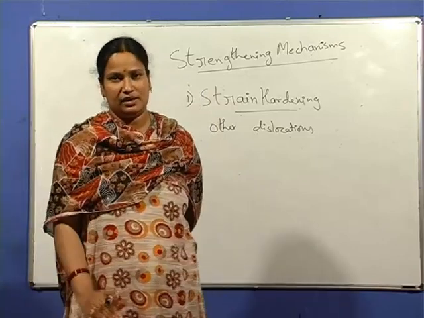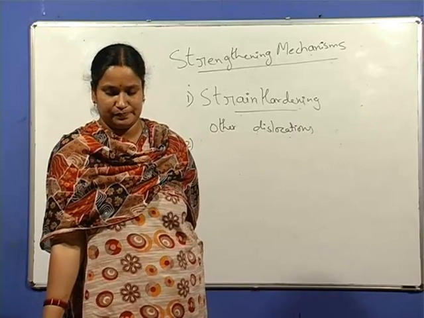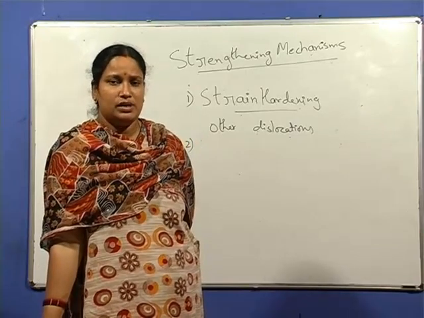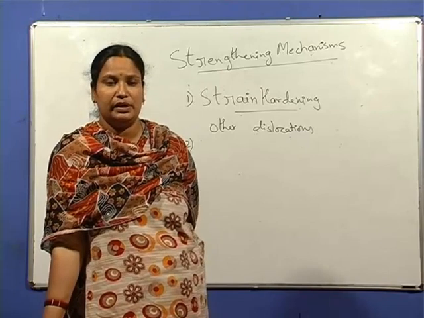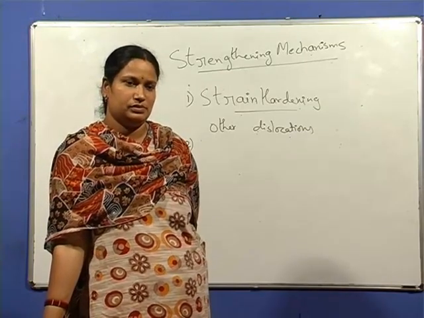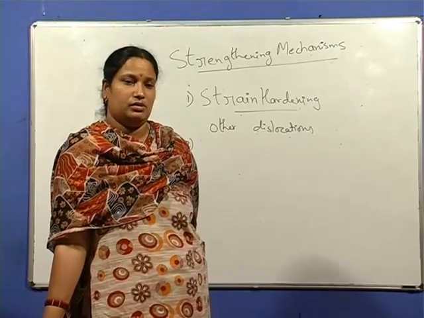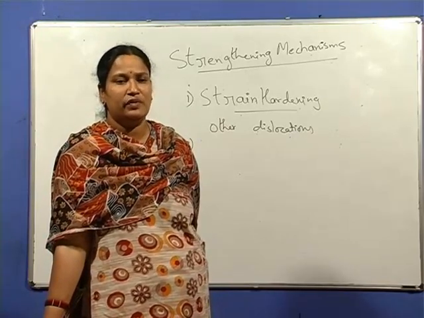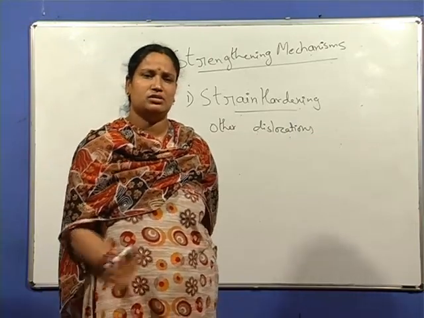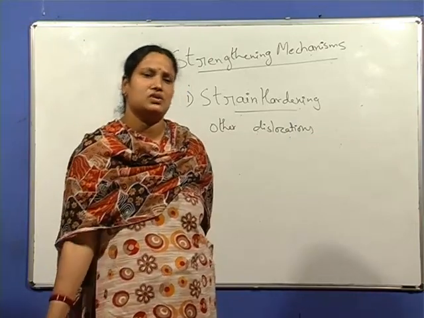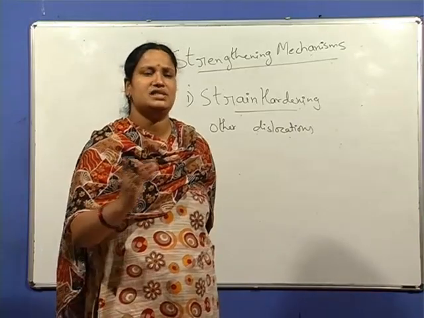The second type of strengthening mechanism is the boundaries. The boundaries also act as an obstacle to the movement of dislocations. A grain boundary is not penetrable by a moving dislocation. That means a moving dislocation cannot pass across the grain boundary into the adjacent grain.